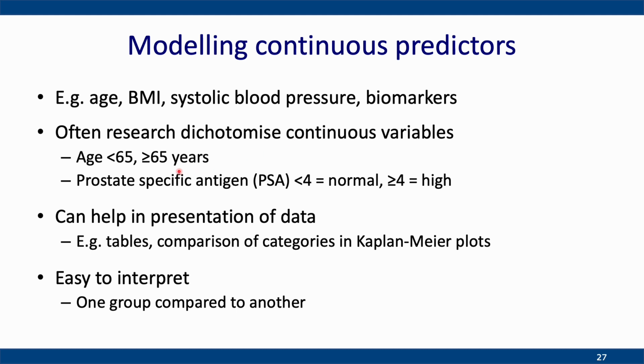For example, age may be categorised at 65, PSA levels often categorised at 4. This may help presentation of data or tabulate data, summarise data in some sense. Some argue that it's easy to interpret, but these aspects are irrelevant when it comes to producing a reliable and accurate and higher performing clinical prediction model.